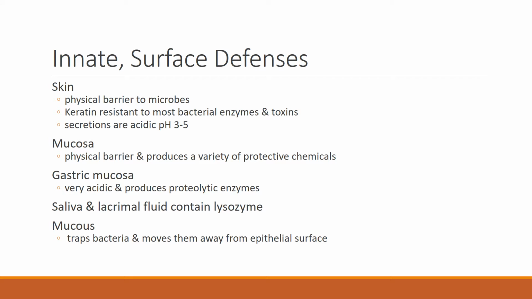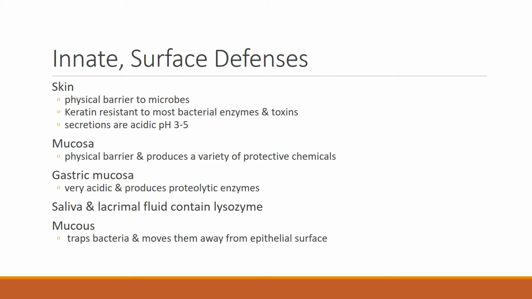Also, there is keratin, which is a water insoluble protein, and so this helps to resist penetration of bacteria and toxins into our skin. And also the secretions that are produced have a low pH, and so we'll see this again where these acidic environments help to degrade the bacteria and break down their cell walls.